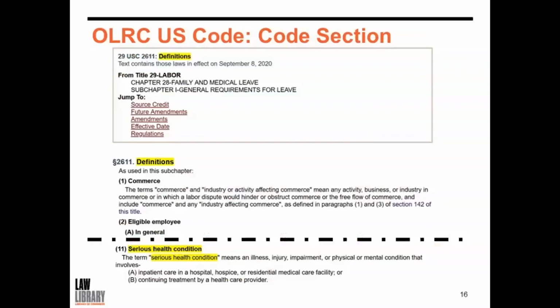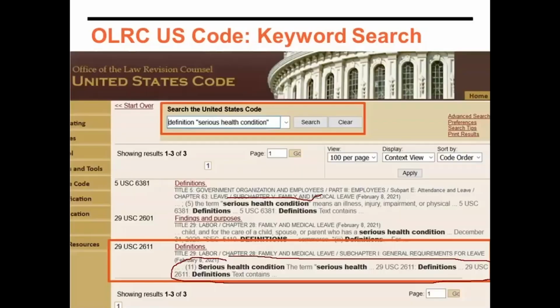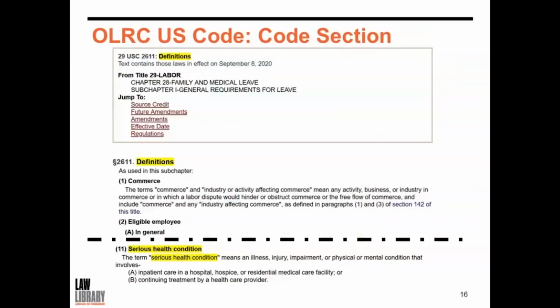So let me just go back one step. In this case, I've clicked on this definitions, and this is what it's opened. It's the code section that deals with definitions in the section of law that we're looking for in the entire chapter, so the FMLA, the statute itself.